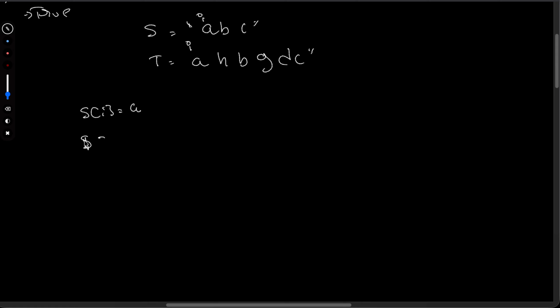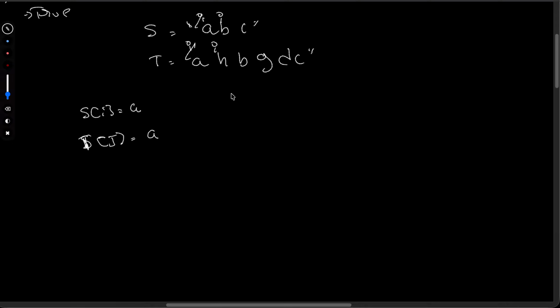If we have s as a b c and t as a h b g d c, first s of i is a and t of j is a, so it matches, so i goes here and j comes here.